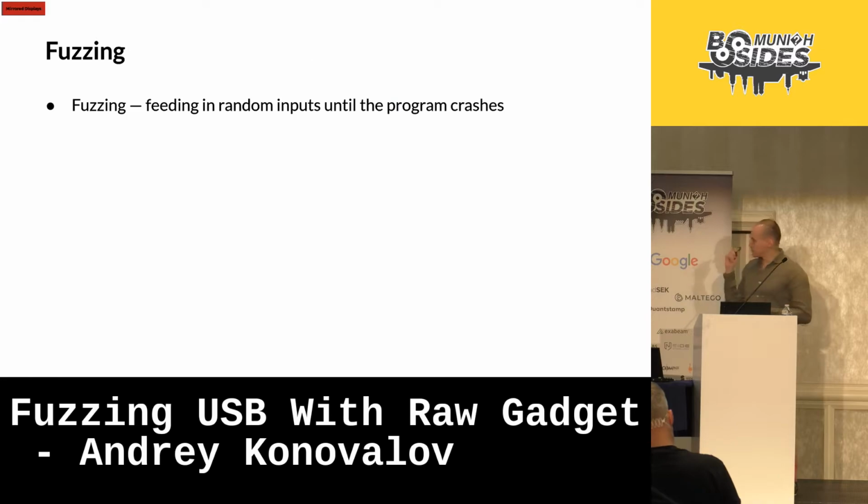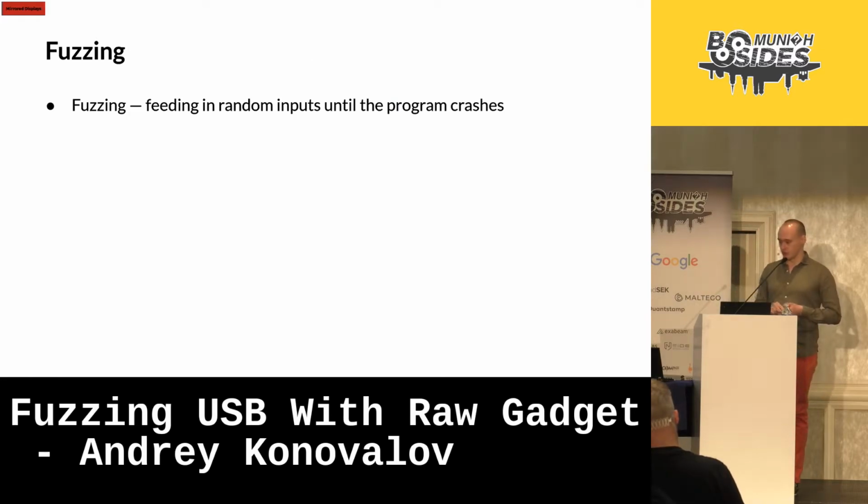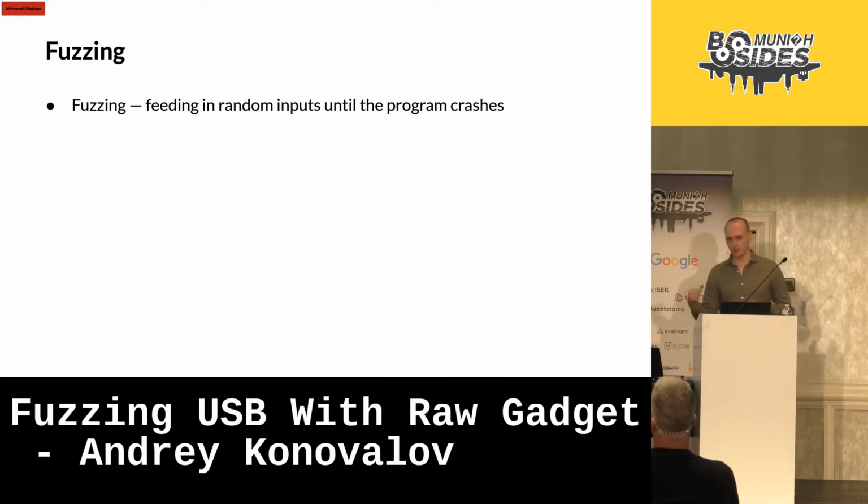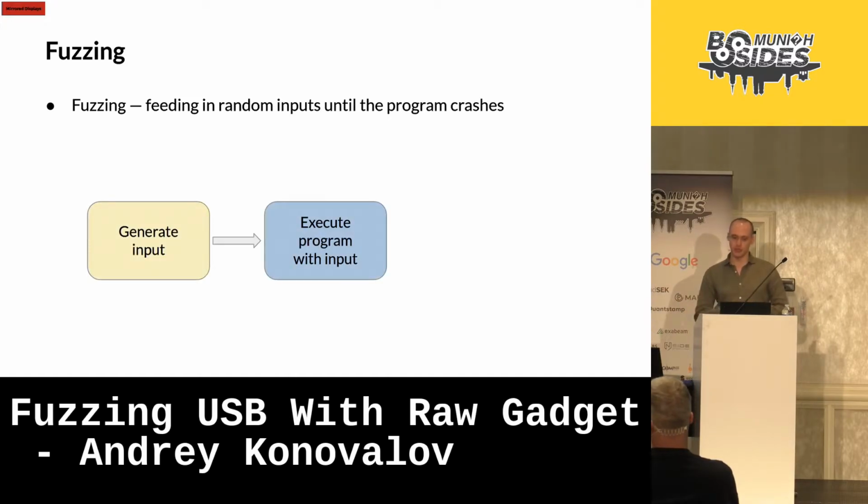All right, to find these bugs, I wanted to use an approach that's called fuzzing. Fuzzing is a way to find bugs in computer programs, and it can also be applied to the kernel. So I have this definition for fuzzing: fuzzing is feeding random inputs into the program until the program crashes. And it works like this. You generate a random input, you execute the program and feed this input in, and then you check, did the program crash?